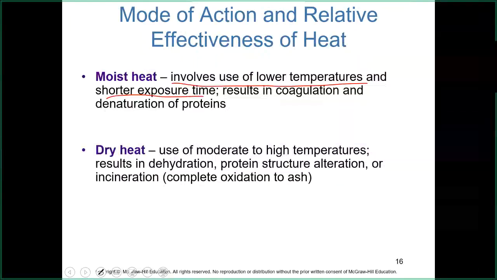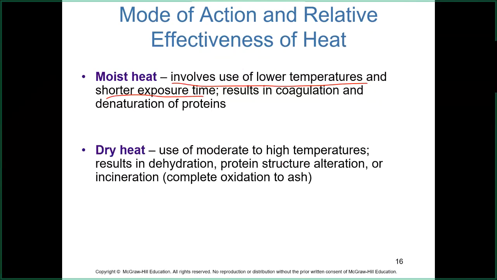So 15, 20 minutes of killing in the presence of moist heat might be as effective or even more effective than applying dry heat for an hour or more. So the amount of time that you have to apply dry heat is longer.